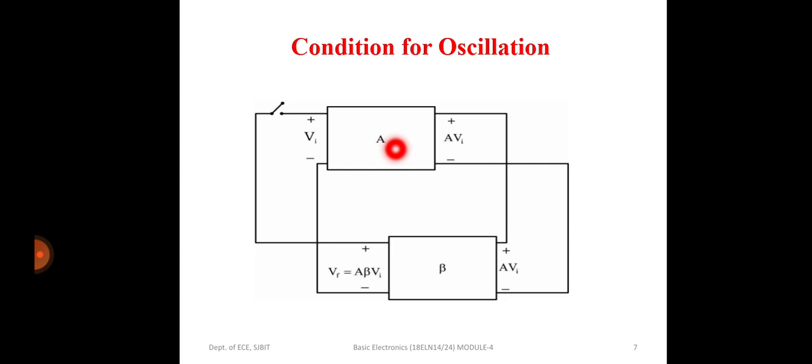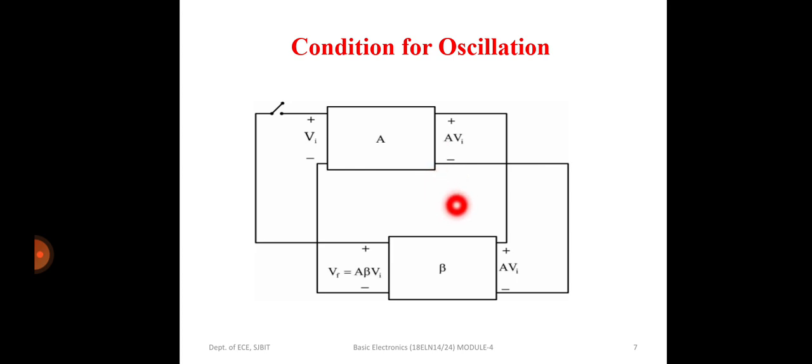Let us assume an amplifier with an input signal V in and an output voltage V naught, and the output V naught is 180 degrees out of phase with V in, since it is a negative feedback, and the output is going to have a 180 degree phase shift.